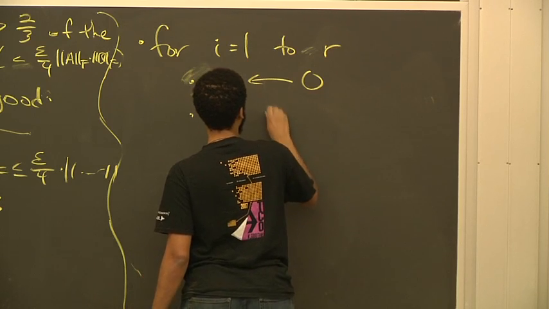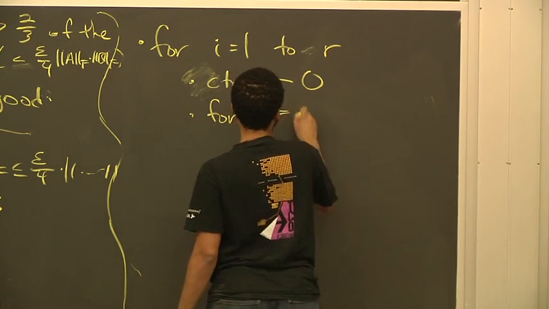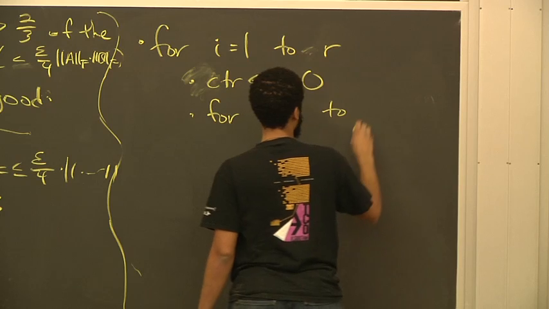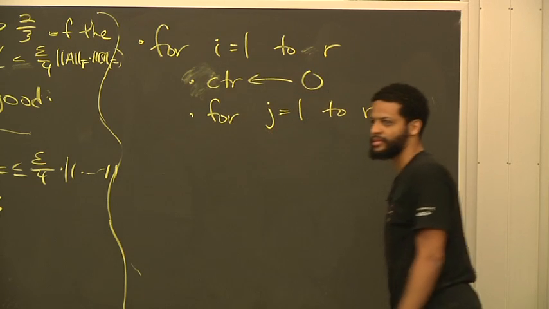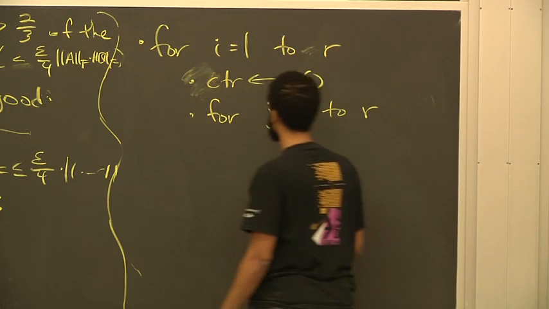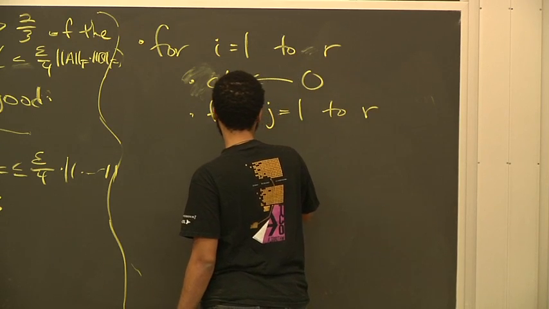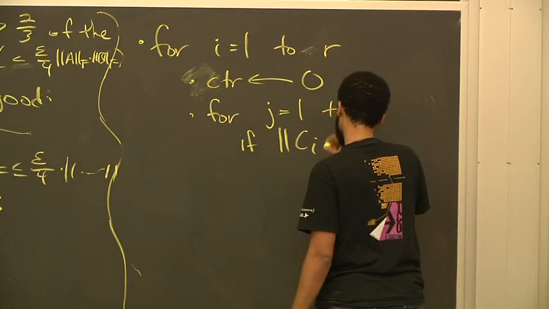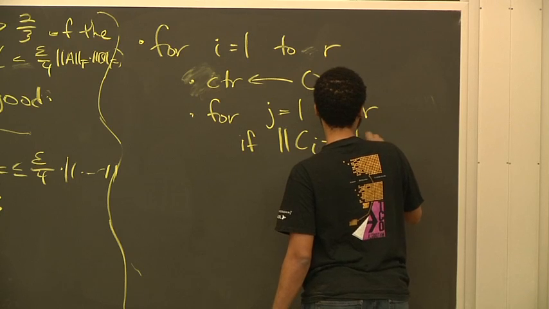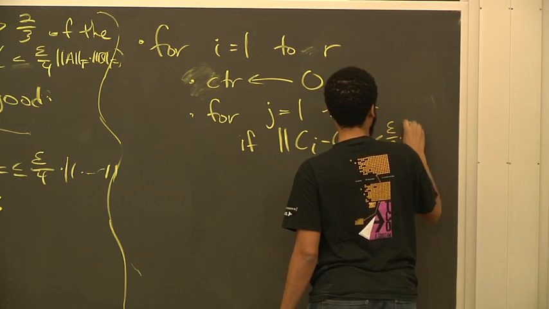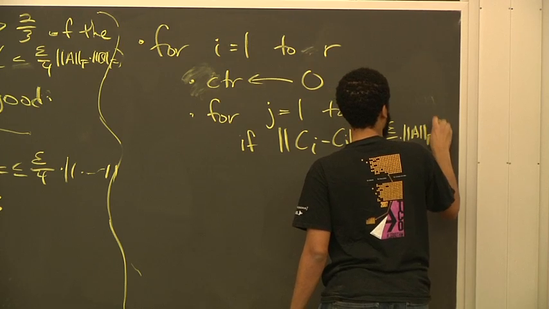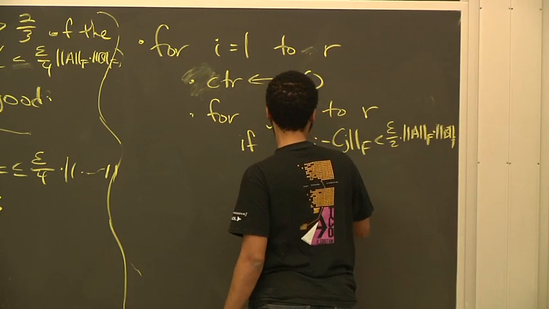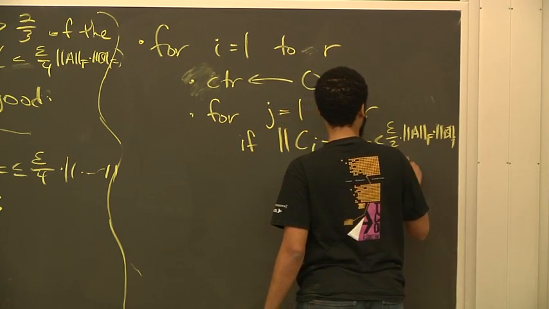For j goes from 1 to R, if the Frobenius norm of Ci minus Cj is at most epsilon over 2 times the product, then the counter gets incremented.